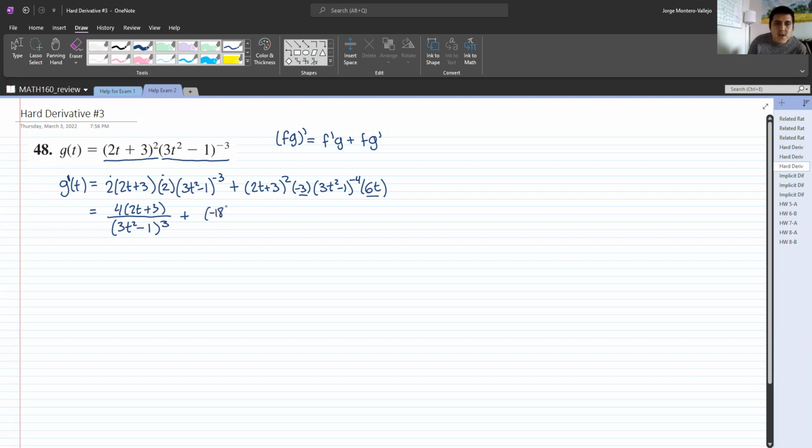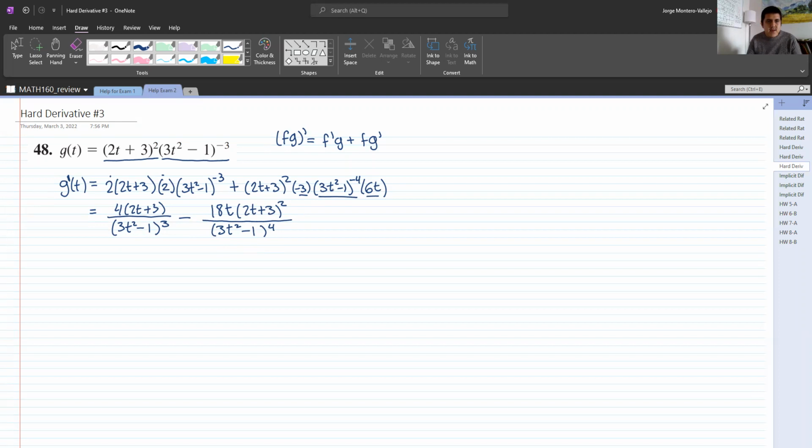So minus 18t. Let's actually get rid of the positive here and write minus, okay? And so then we can write 18t. We have then 2t plus 3 squared, and then divided by this, right? With positive power. So 3t squared minus 1 raised to the 4th power. Okay.